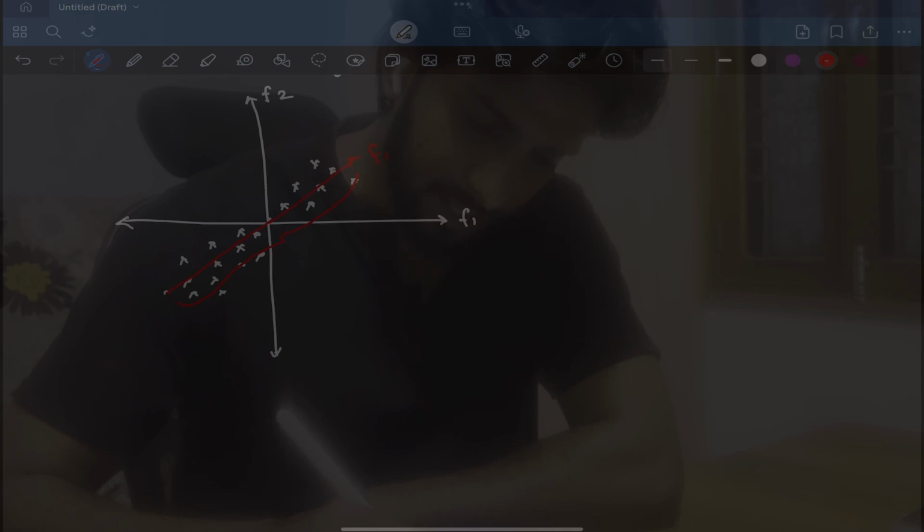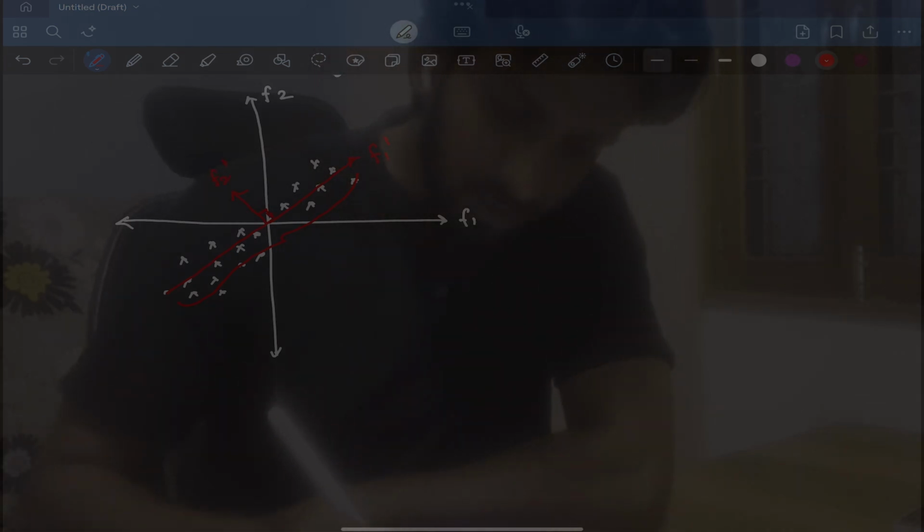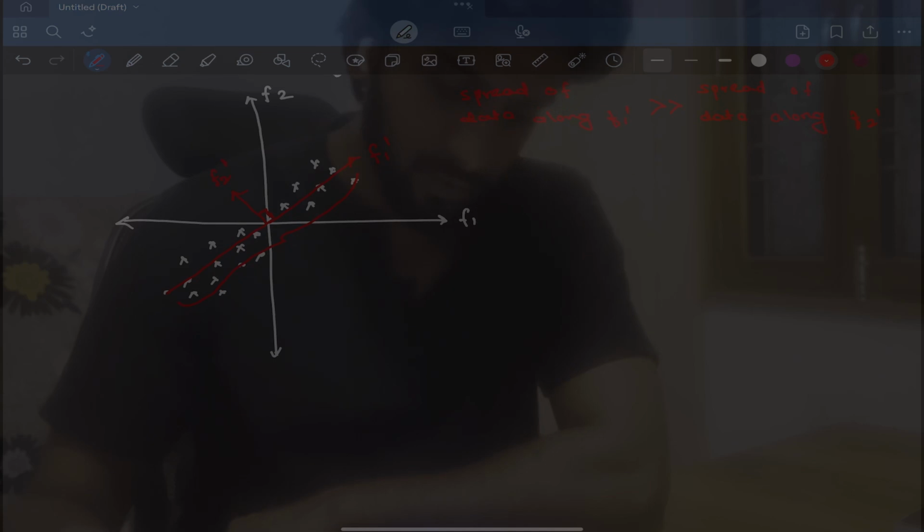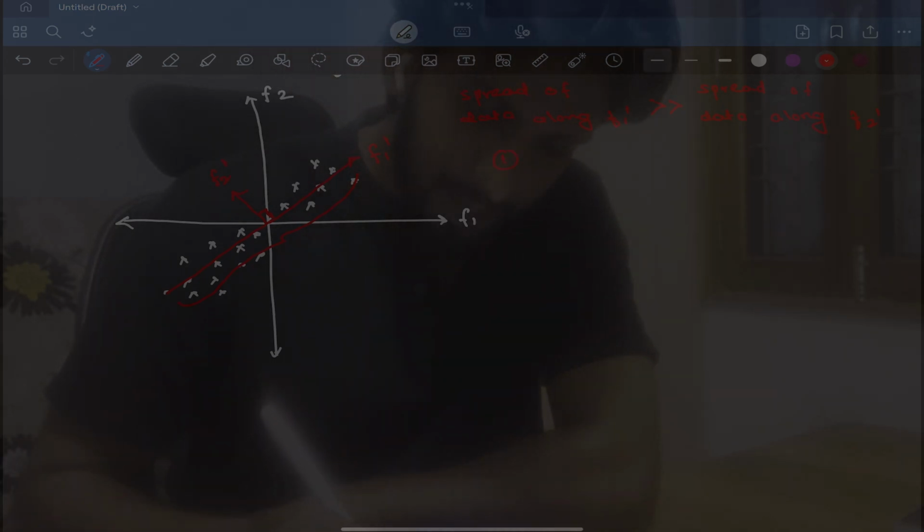Let's call this direction as f1 dash, and let's draw one more direction which is perpendicular to f1 dash, and let's call this as f2 dash, right? So the spread of data along f1 dash is way much wider as compared to spread of data along f2 dash, right?